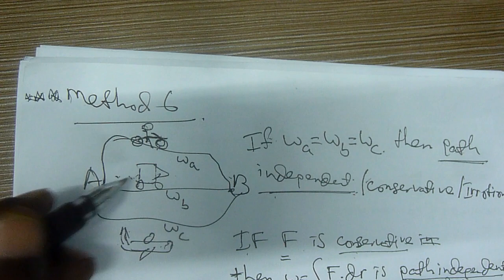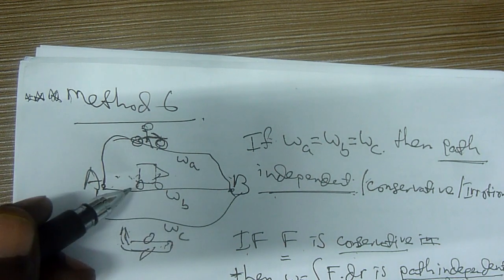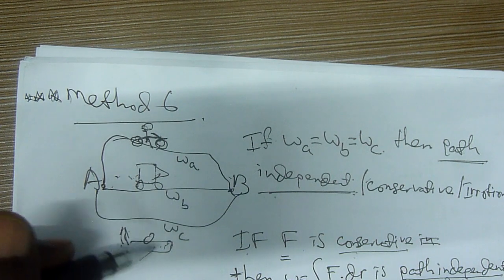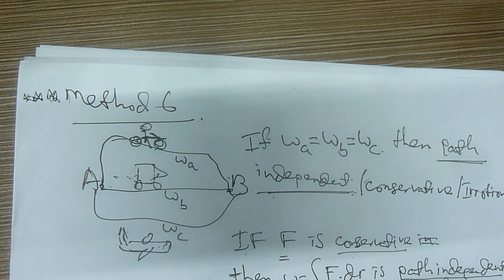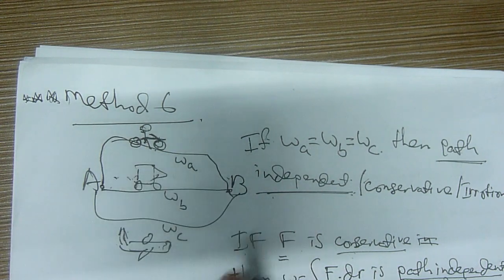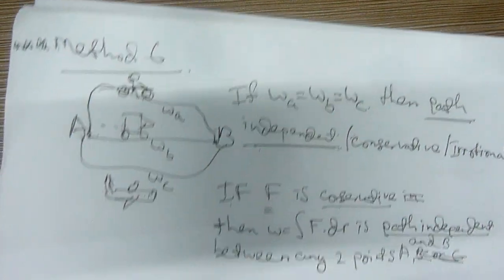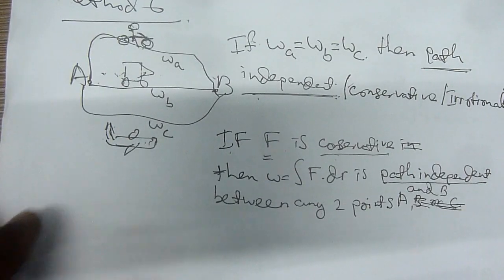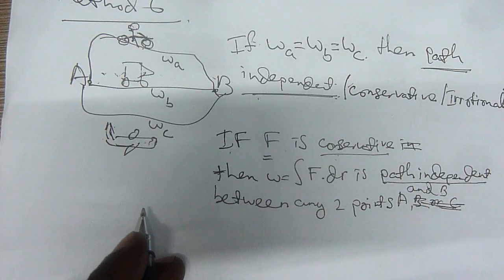I am not going to go into too much detail about the thermodynamic definitions because we don't have time here to define all these things, but you will see this in thermodynamics. Later I'll try to define path independent again.